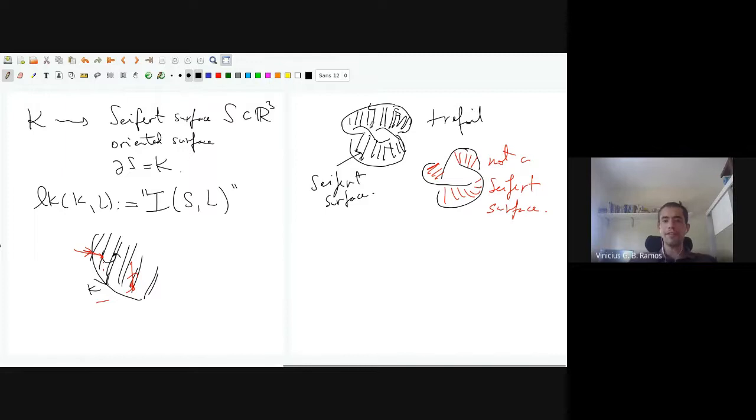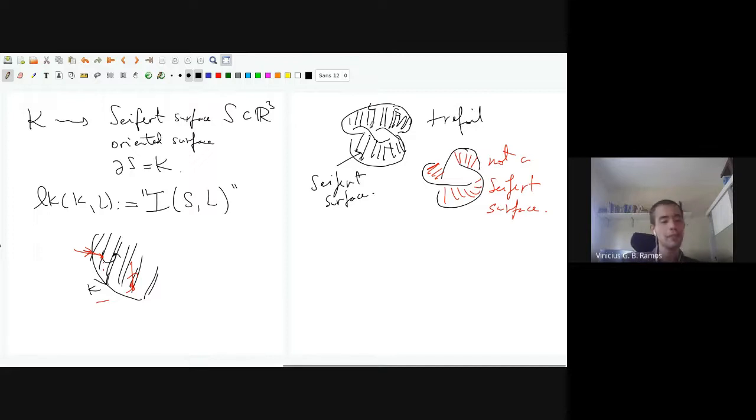Because if the manifold has boundary, then the total homology will be 0, so intersection numbers will not be well defined. But if you look at the manifold with boundary and the homology relative to the boundary, then it's no longer going to be 0 in general. So anyway, that was kind of a tangent.